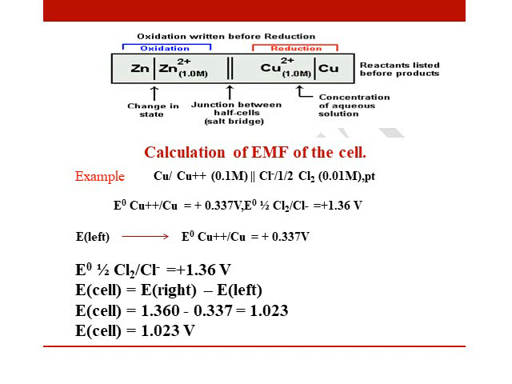Now E cell is equal to E right minus E left, that is 1.360 volt minus 0.337 volt, which gives 1.023 volt. So E cell is equal to 1.023 volt.